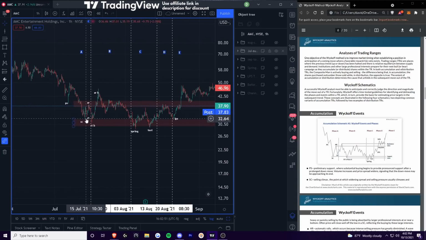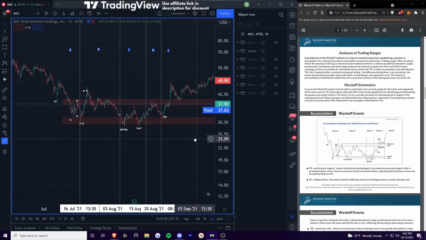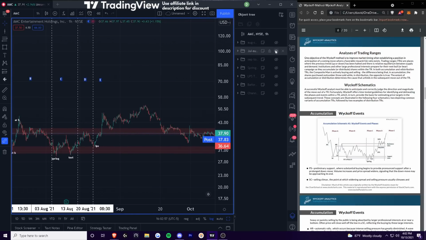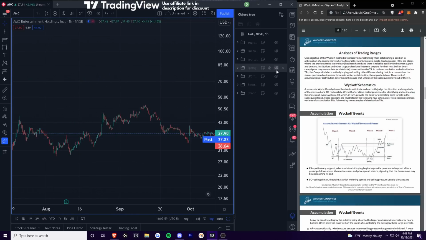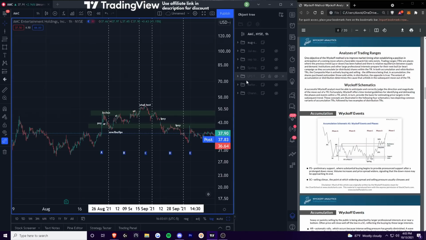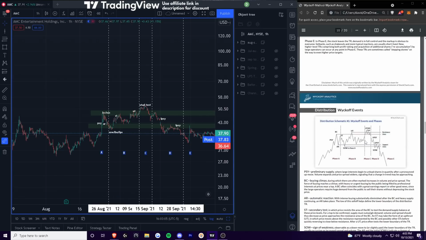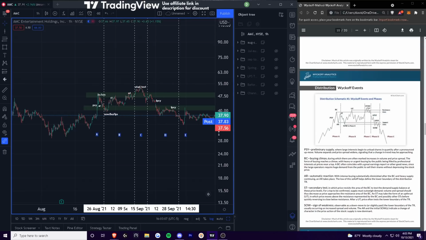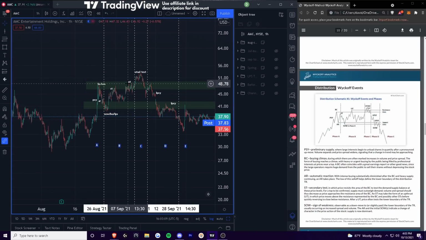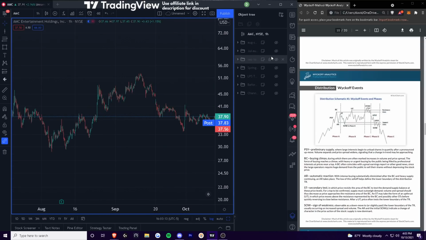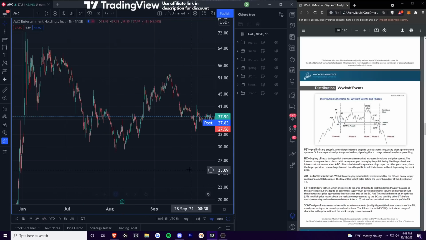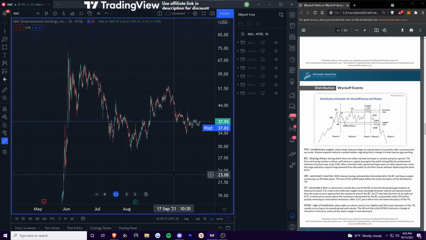This is an undeniable Wyckoff accumulation schematic, and as well, to me, this is just a crazy video for me to be making. But this is also clear distribution. This clearly matches up with this schematic.